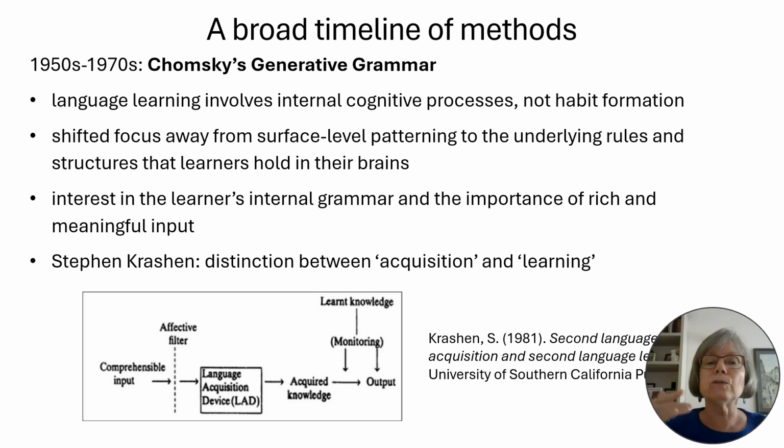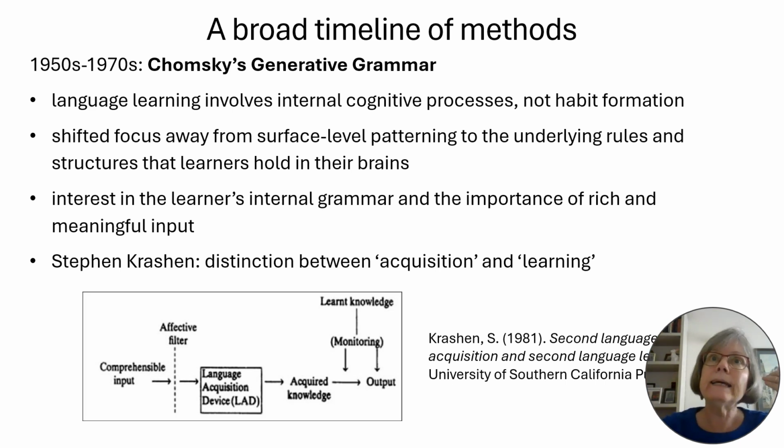So the interest moved into thinking about the learner's internal grammar and the importance of rich and meaningful input to reinforce that rule construction within the learner's brain. And again, I said Chomsky wasn't interested in language teaching, but this did lead to people like Stephen Krashen thinking about a distinction between acquisition, what we can just acquire because our brains, in a sense, have or are a language acquisition device, so the input helps us just to learn those structures.